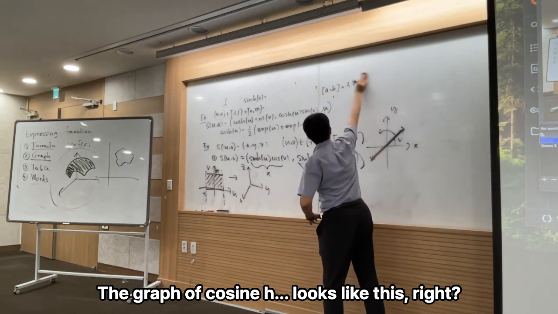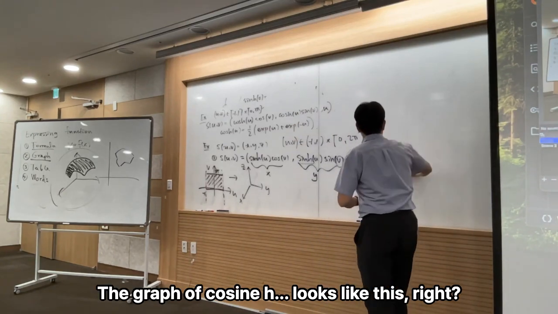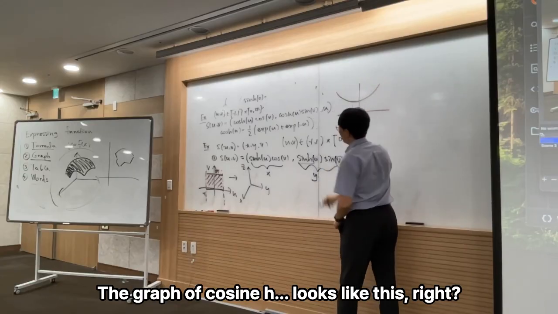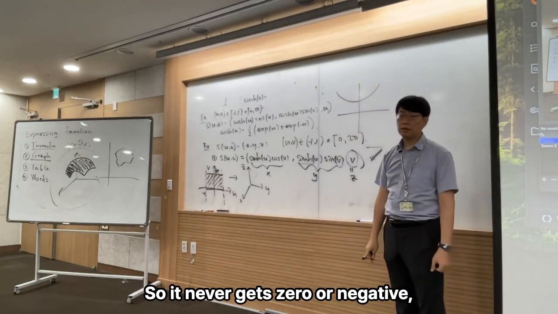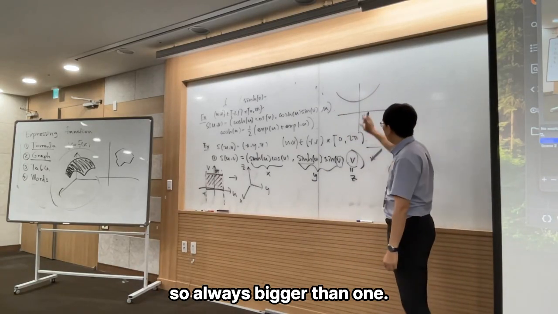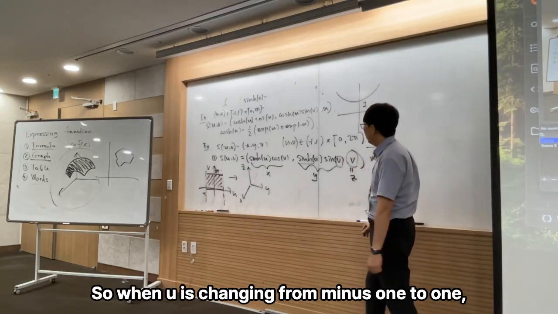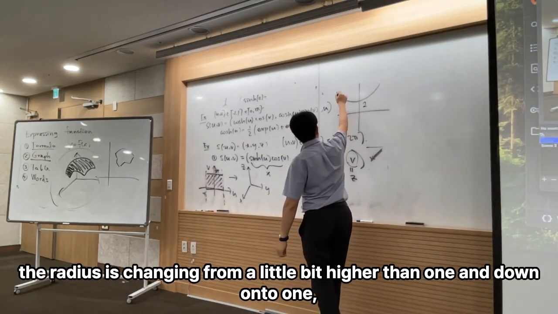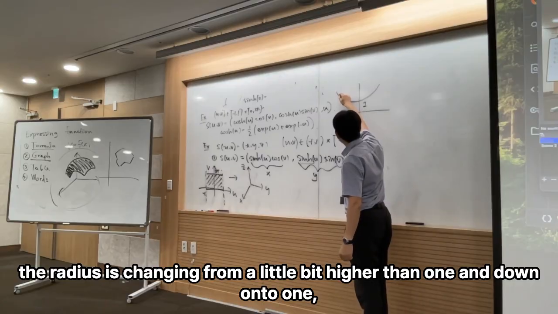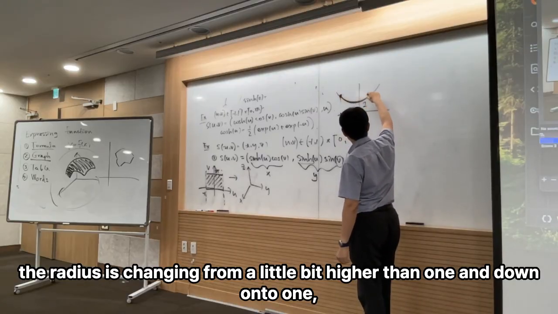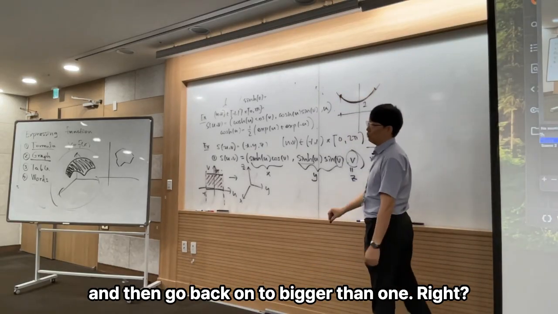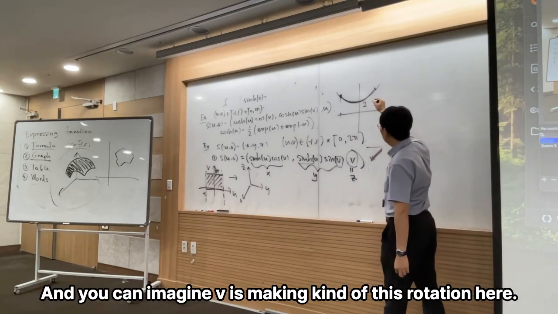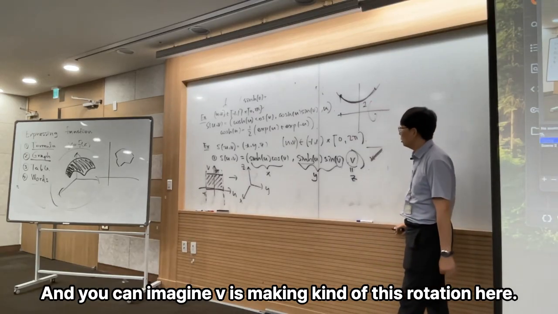The graph of cosh looks like this, right? So it never gets 0 or negative, it's always bigger than or equal to 1. So when u is changing from -1 to 1, the radius is changing from a little bit higher than 1 and down onto 1, and then going back to bigger than 1, right? That's the radius. And you can imagine v is making this rotation here.